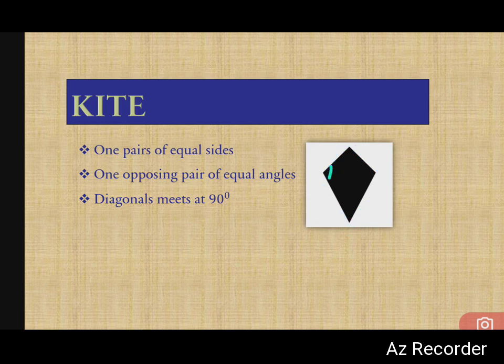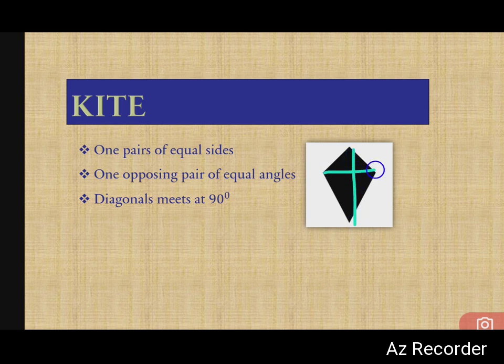That is, these two angles are equal and the other two angles are not equal. Once again, in a kite these two angles are equal, the other two angles are not equal. Then the diagonals meet at 90 degrees.